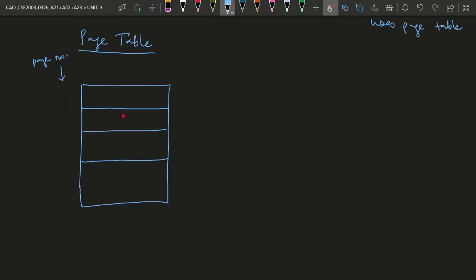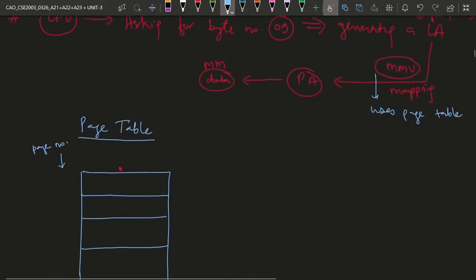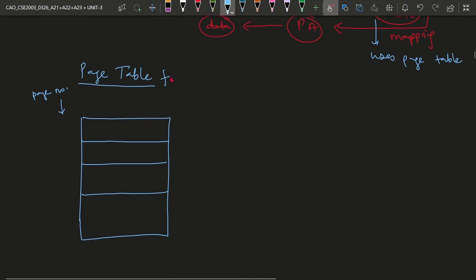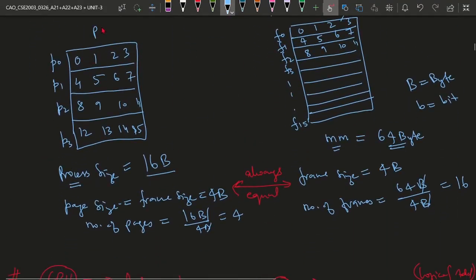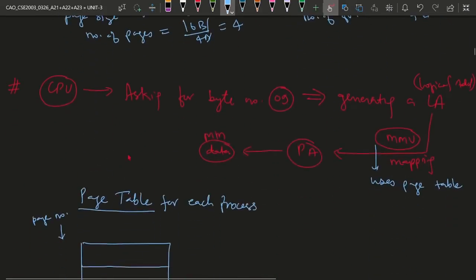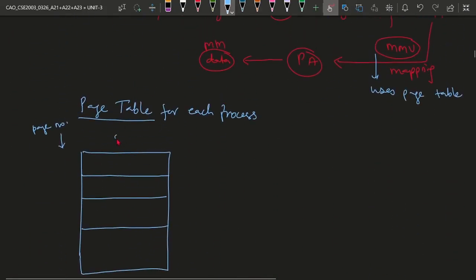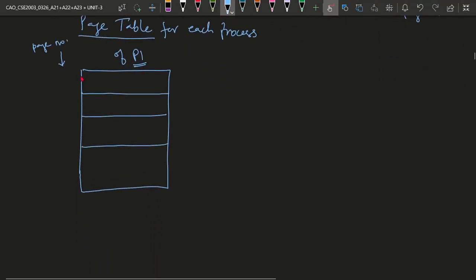There will be a page table for each process. Suppose in the example we have seen, this is process number 1, P1. So it is the page table of process 1. For process 1, how many pages are there? There are 4 pages in the example: p0, p1, p2 and p3.